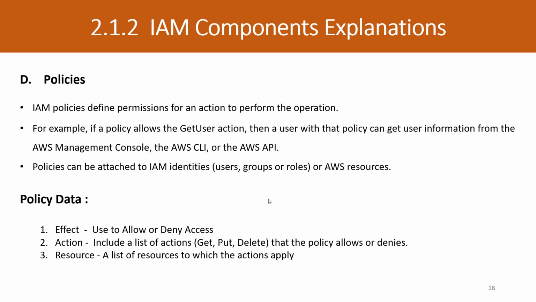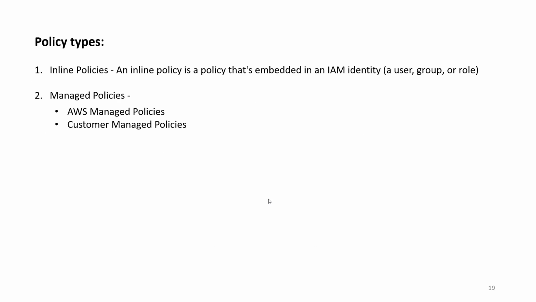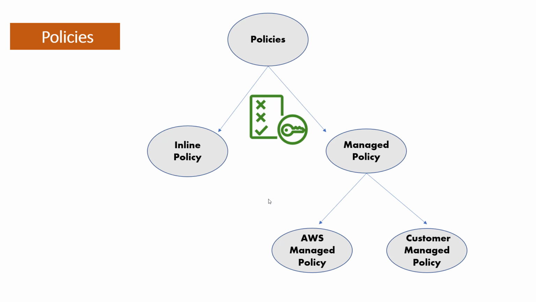After creating this policy, it can be attached to a user, a group, or a role. There are two types of policies you can discuss here: inline policy as well as managed policy. Managed policy is further divided into AWS managed policy and customer managed policy.